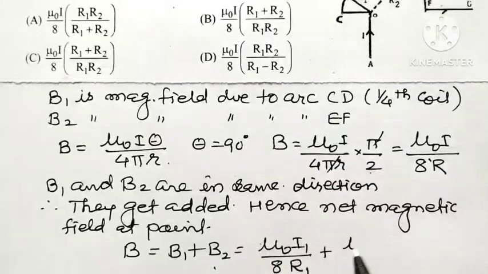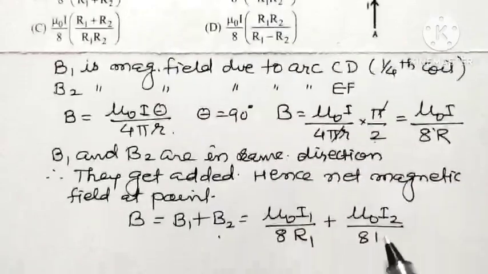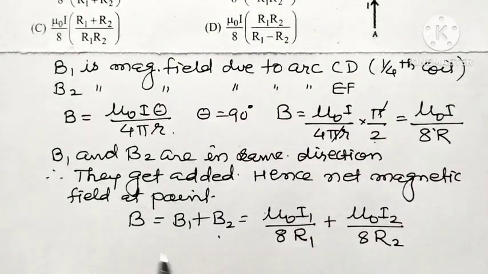So it is mu 0 into, here in place of current I we will write I2, divided by 8 times R2.